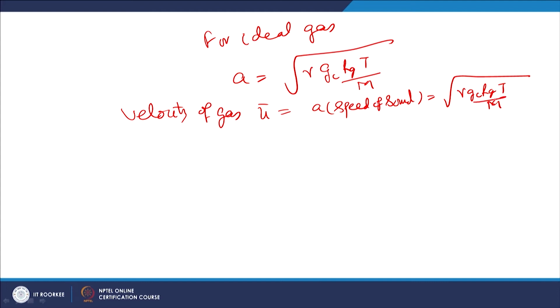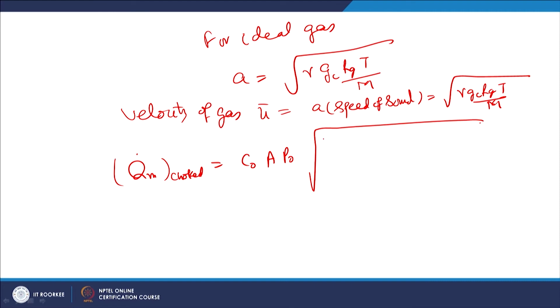So the mass flow rate at the choked condition would be Qm choked is equal to C naught A P naught, square root of gamma Gc m upon R g T naught, times 2 upon gamma plus 1 to the power gamma plus 1 upon gamma minus 1.